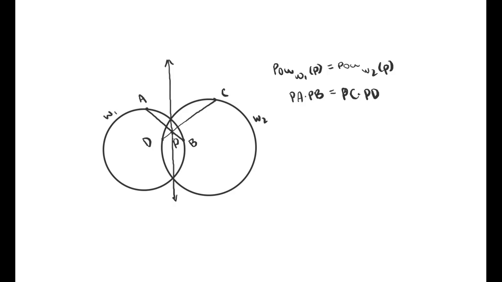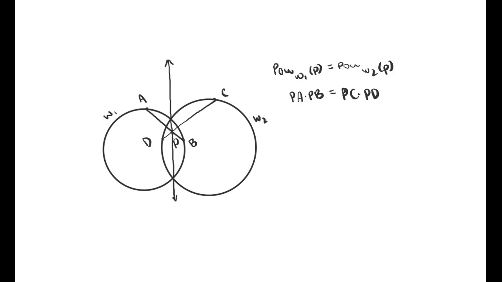Then you can see that basically the radical axis of the circle of A, B, C, D and omega 1 is AB. And similarly for omega 2 and the circumcircle of A, B, C, D.